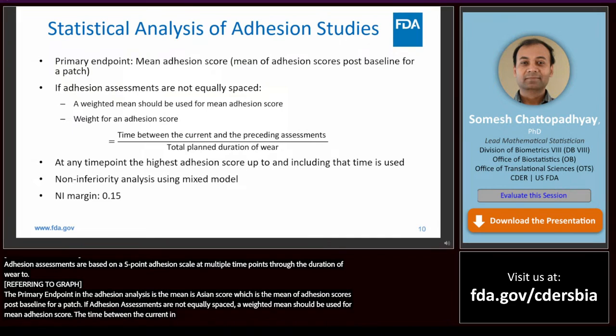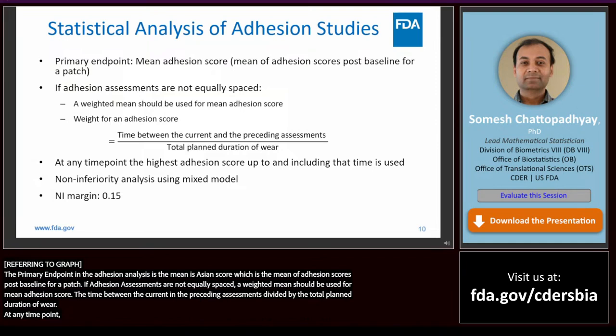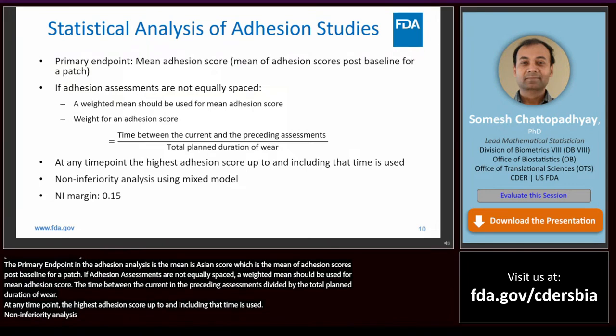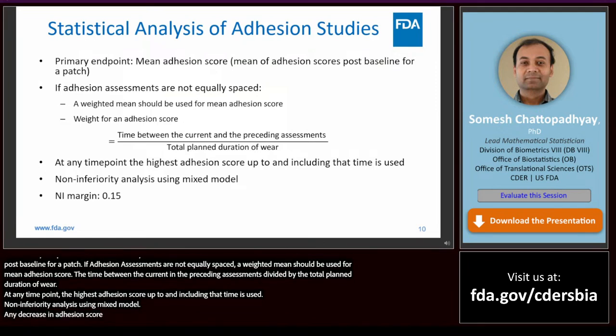At any time point, the highest adhesion score up to and including that time point is used instead of the adhesion score at that time point in the calculation of the mean adhesion score. This is because any decrease in adhesion score over time is due to some external influence such as external pressure on the patch and cannot be attributed to the adhesion properties of the patch.